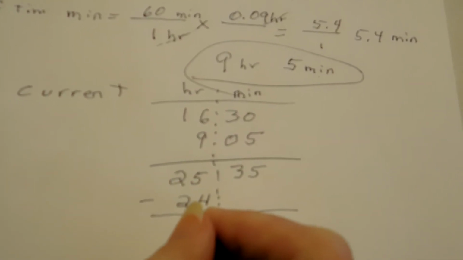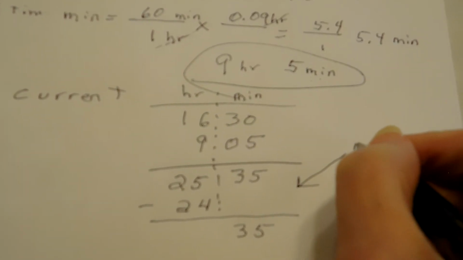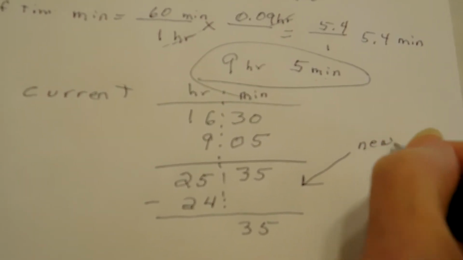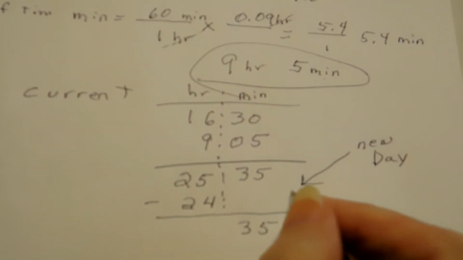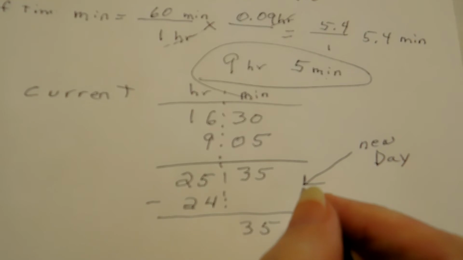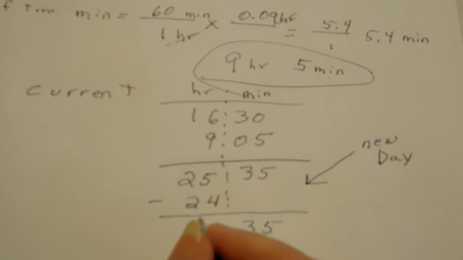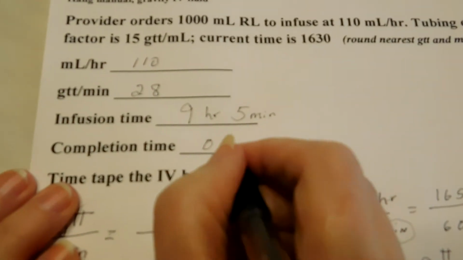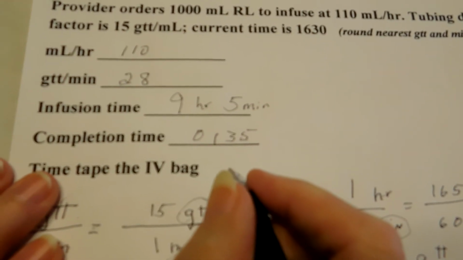Subtracting 24 from 25 means that we are in a new day, and it ends up with 0135. 0135 is our completion time, on the next day.